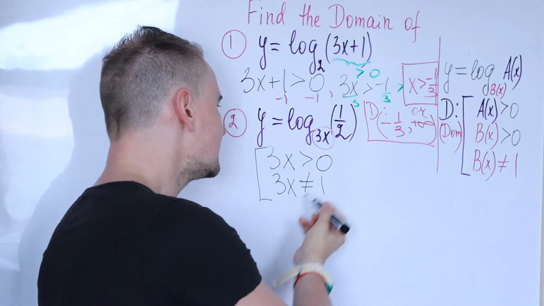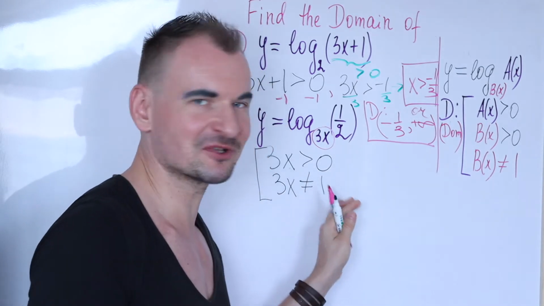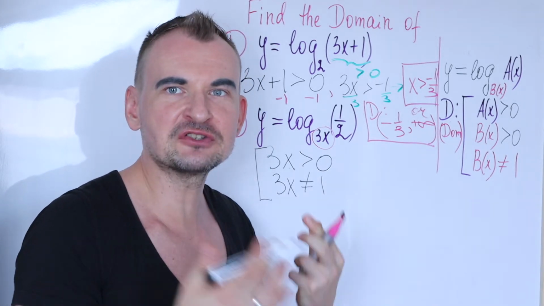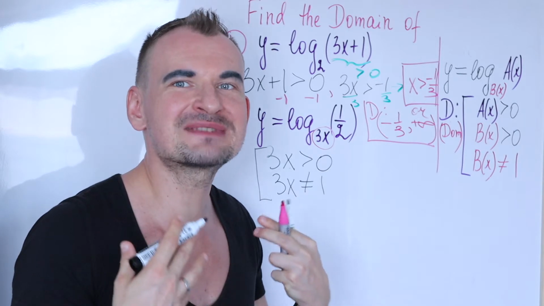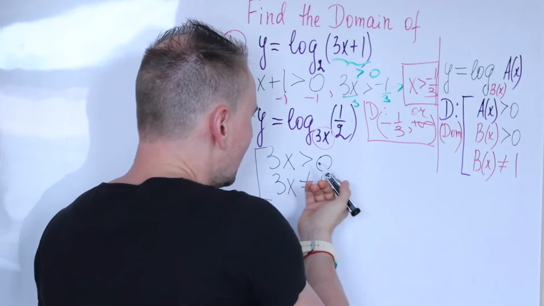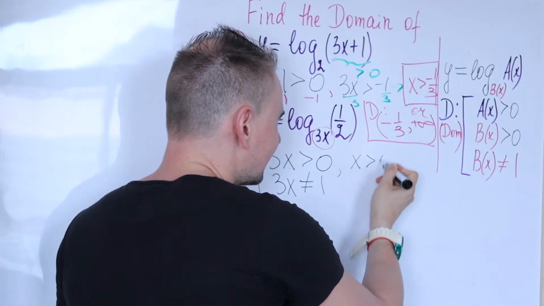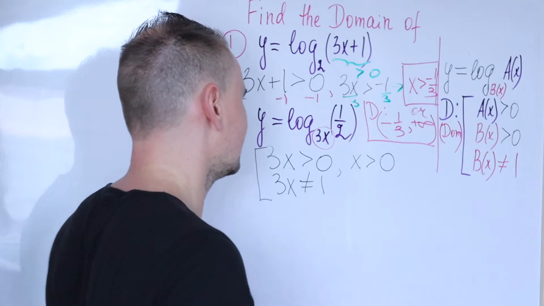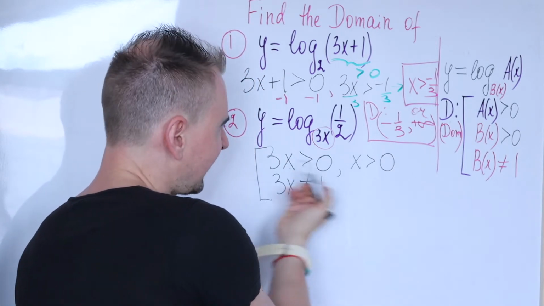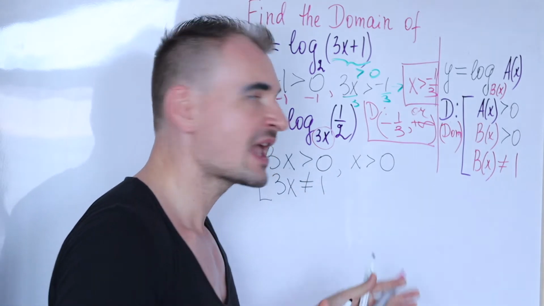All you do is solve these two. Basically, it's an inequality and another kind of inequality, because it's not equal, it's unequal, but you solve them anyway. You solve them simultaneously in one go. So for the first one, you end up getting x is greater than 0, since if 3x is greater than 0, then obviously x is greater than 0.